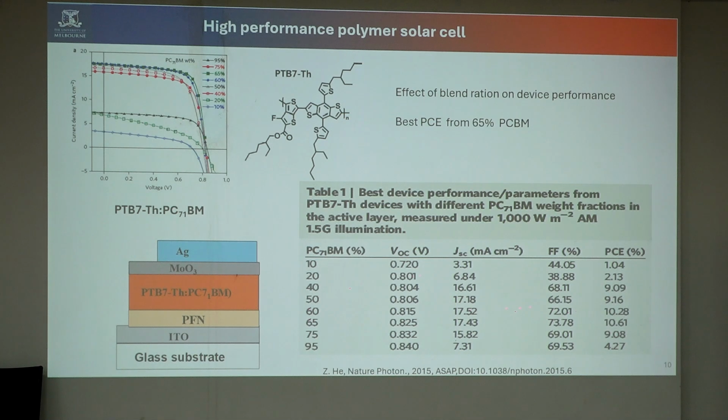So how can we do it? Which materials we are using and which materials we have to use to make it an inverted or regular architecture, we are going to see that. Okay. In this case, by varying the PCBM at different ratios, at 10, 20, 30, 51, we can see the variation in JSC, because at the optimum blend ratio of around 65, I think, we can get the best 10.61.